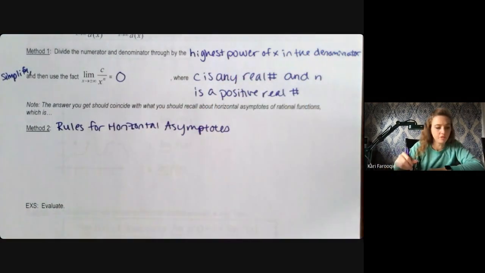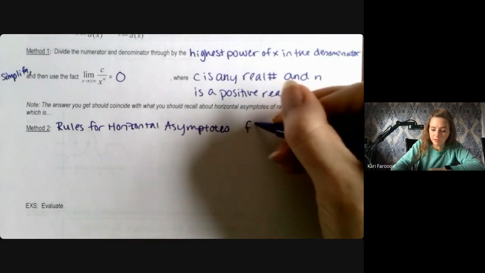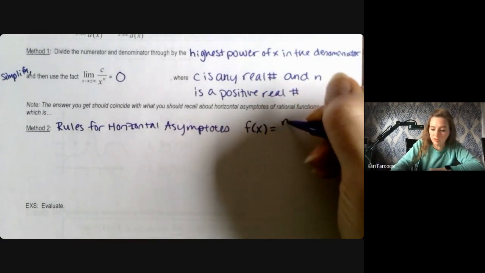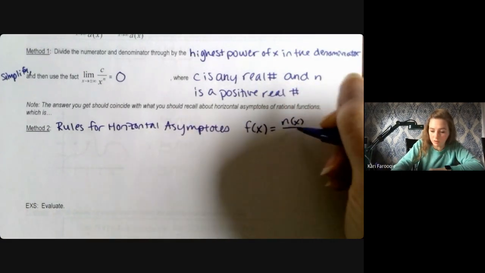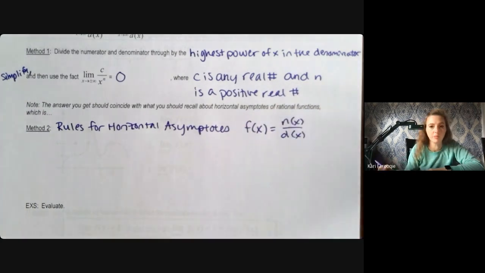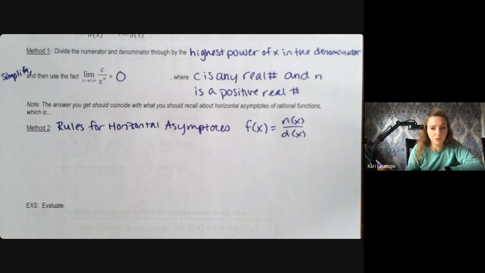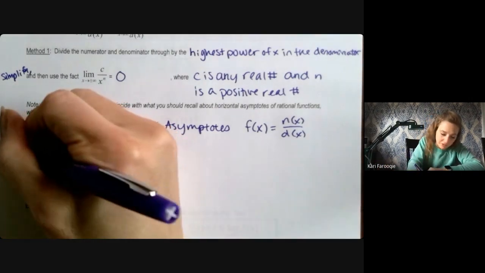And again, this is for f of x is n of x over d of x, the numerator divided by the denominator. So back in algebra, you learned some rules for horizontal asymptotes. You probably don't remember what they are. I'm going to remind you now. There were 3 different things that could happen.